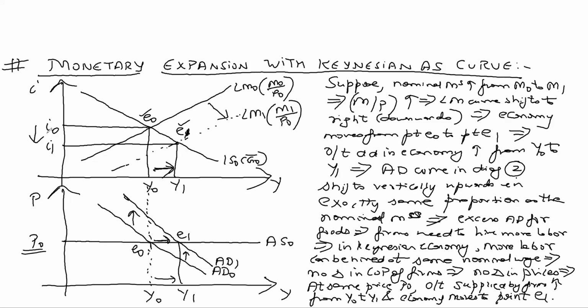Both monetary and fiscal expansion are successful in the Keynesian framework, but both monetary and fiscal expansion will fail under the classical framework to increase the output beyond the full employment level. So this is where I stop.